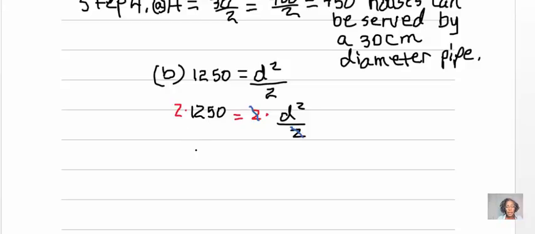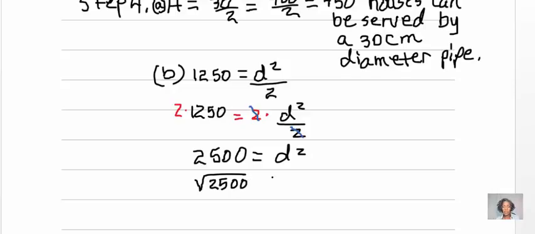And I have 2500 equals d squared. And I know that I want a positive value for diameter, so I only use the positive square root since the answer has to make sense.